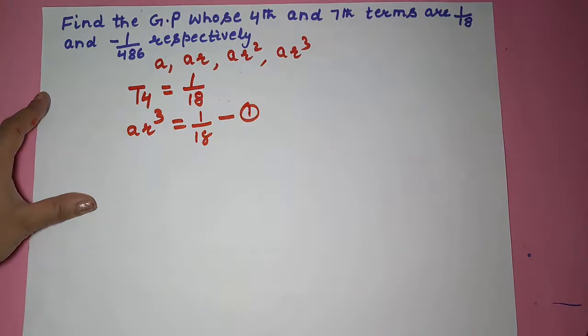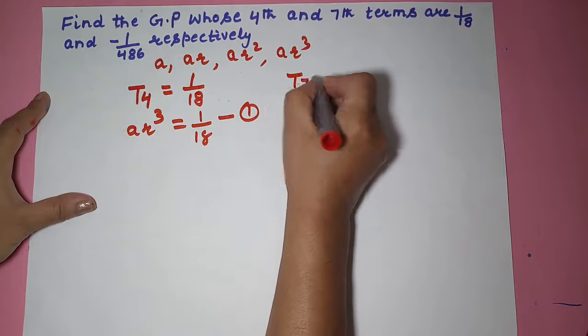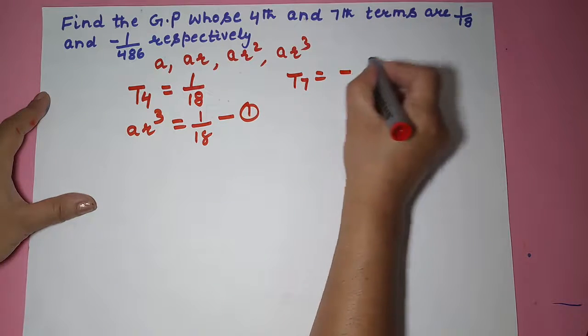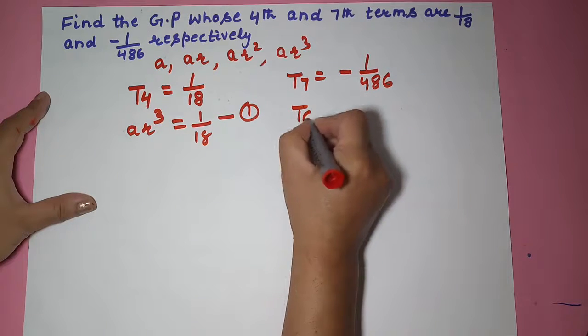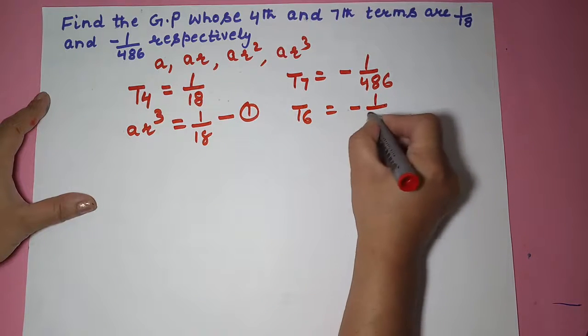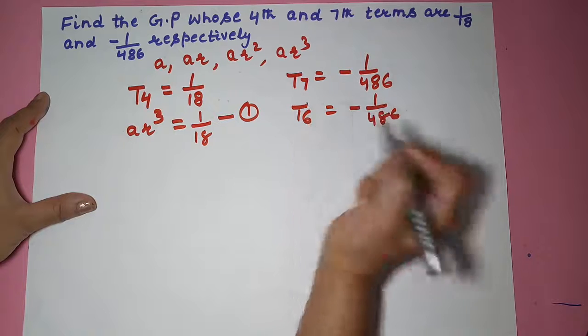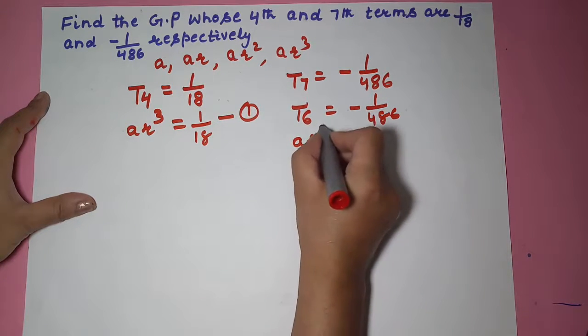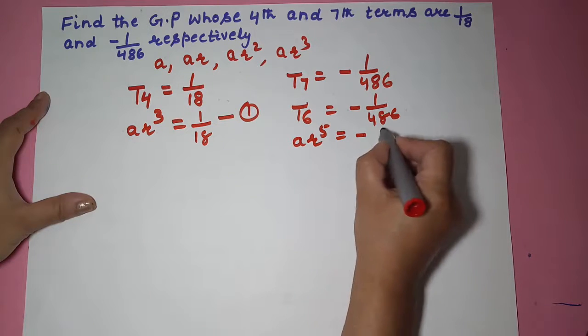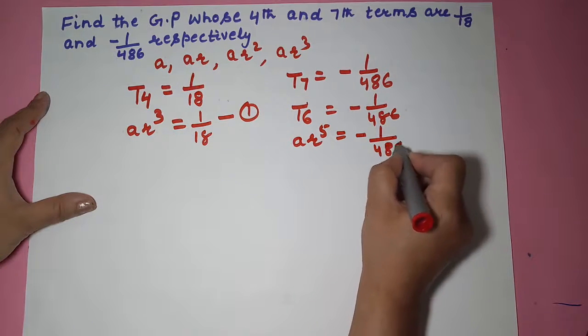This is my first equation. And T7 is given as minus 1 upon 486, so in place of T7, I can write AR^6 is equal to minus 1 upon 486.